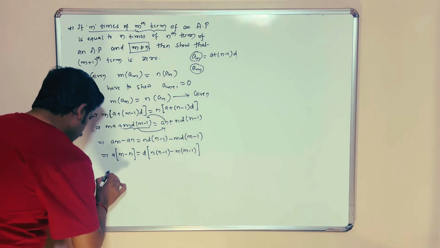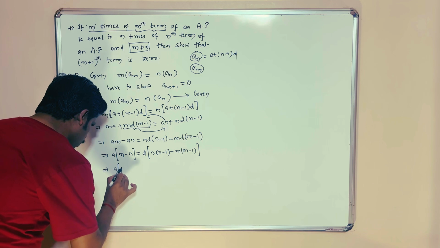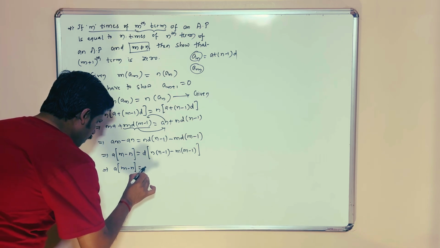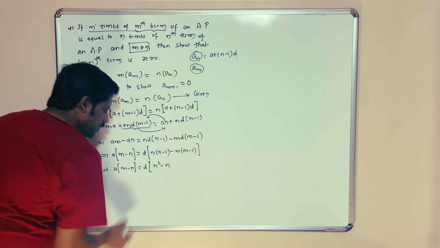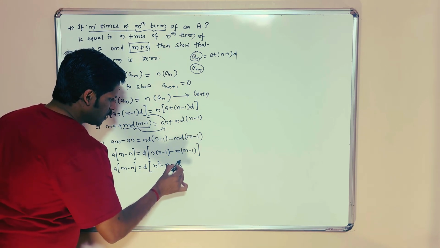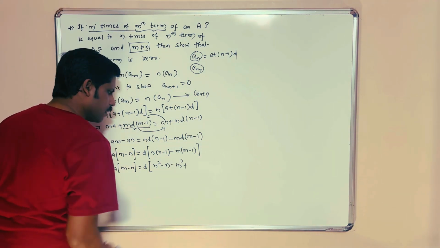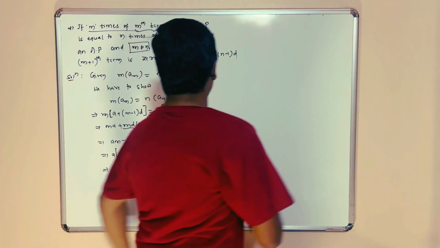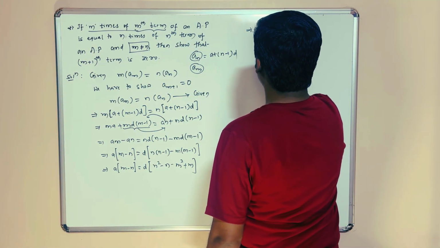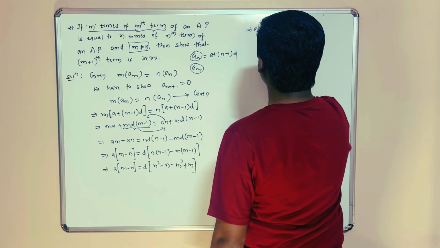Now remove the bracket. We get a into m minus n, d into n square minus n minus m square, minus into minus plus m into 1 is m. And we have a into m minus n. LHS is as it is.